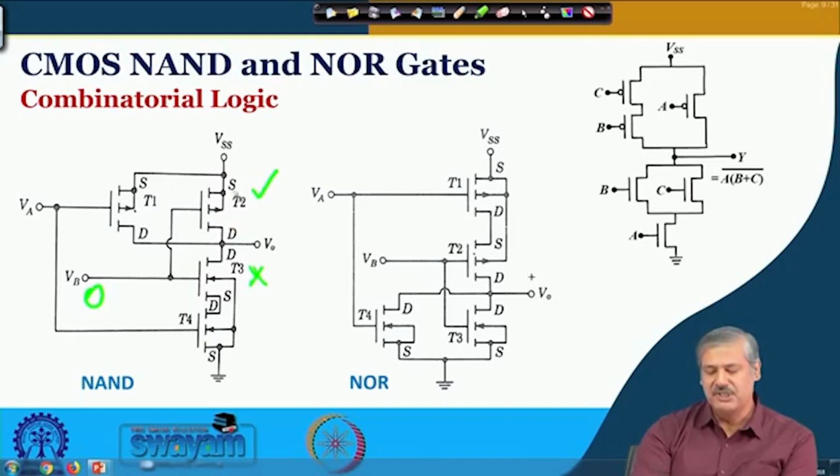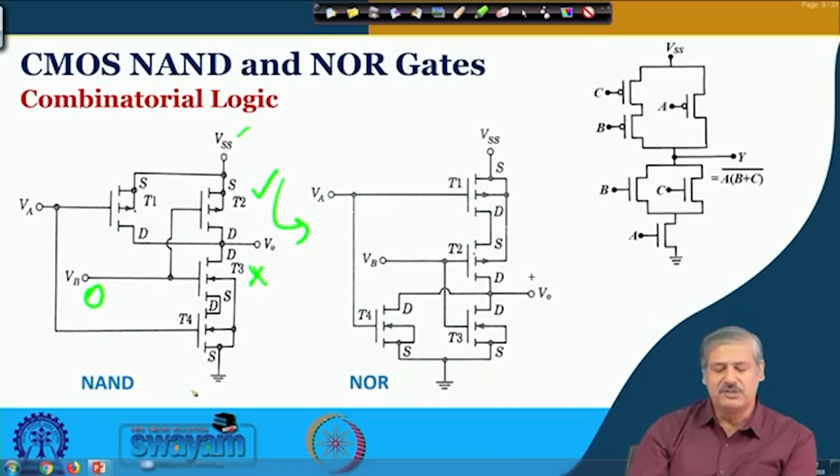So, the output is getting the VSS over here through this. Okay. So, the output will be high. Is it clear? So, any one of them being 0, there is a parallel path here at the output providing the voltage and the current, the power supply, and in the series any one of them is blocking it.